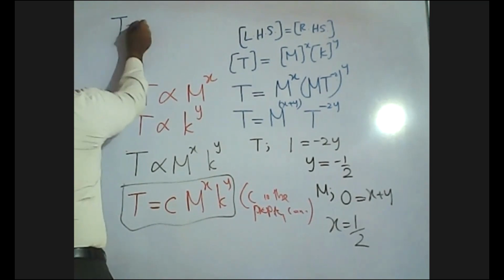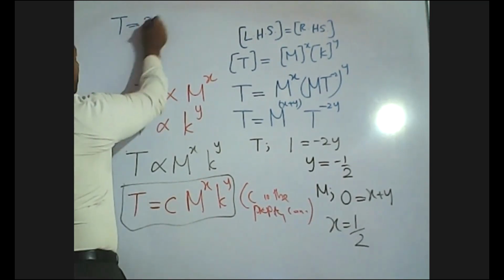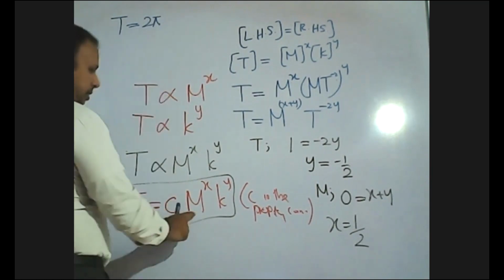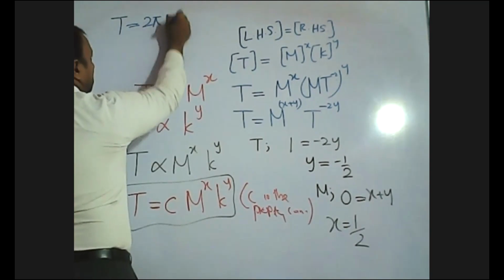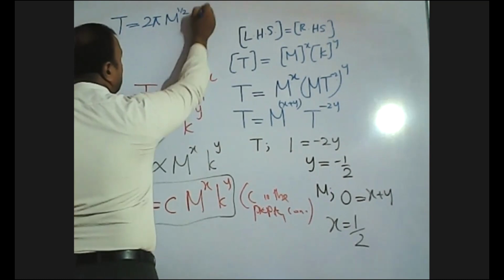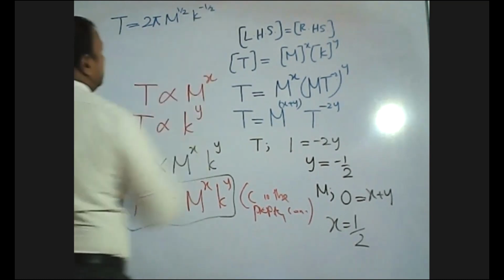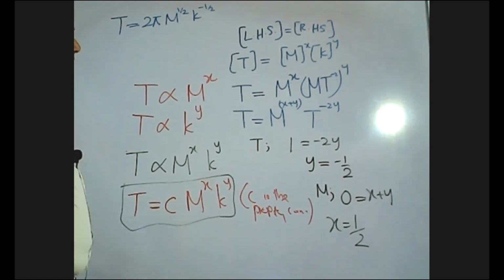If I substitute those values in this equation, t is equal to c, which is 25, m to the power half, k to the power minus half.